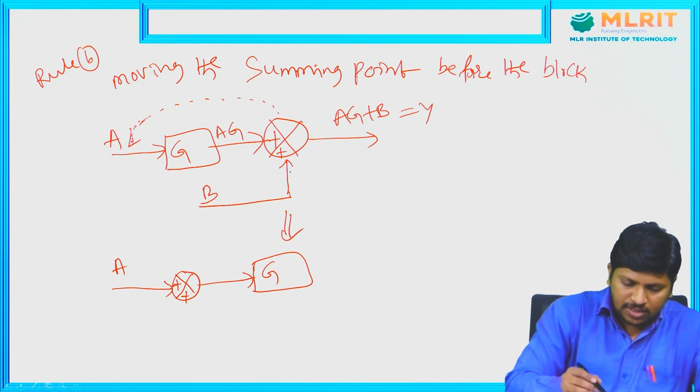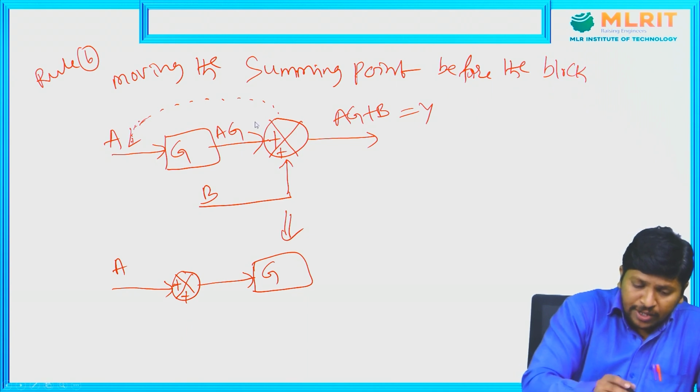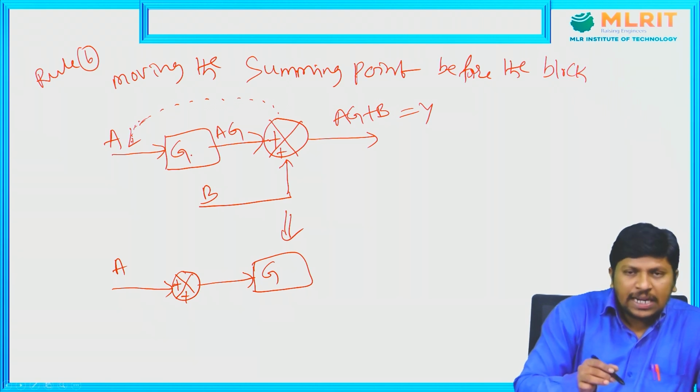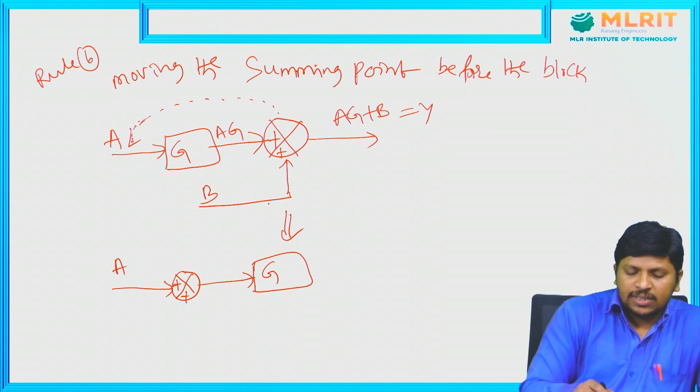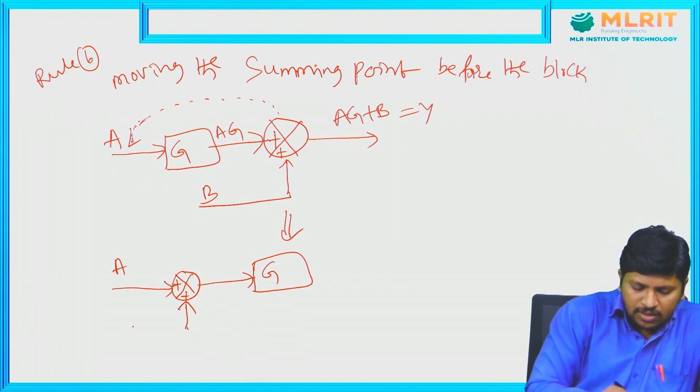Here this one is G. What is the block value? G. Now the summing point is moving to before the block, so what is the value in the block? That value, 1 divided by G, we are going to write in the second signal. The second signal is this one, right? 1 divided by G.